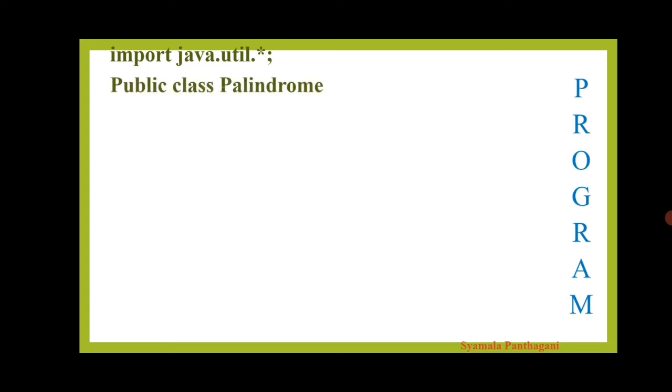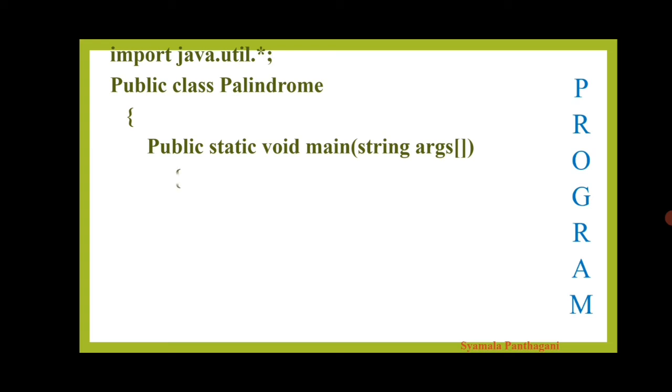Next one is the program. import java.util.*; public class palindrome { public static void main(String args[]) {. Now Scanner in = new Scanner(System.in).